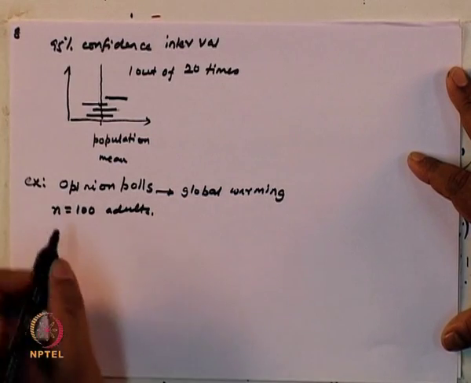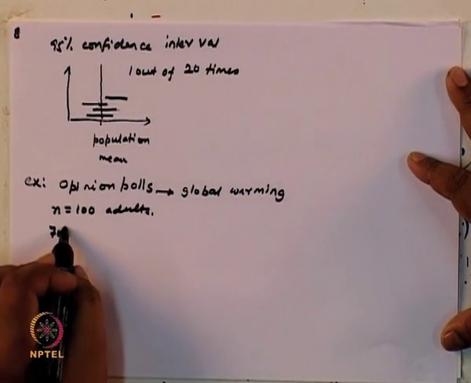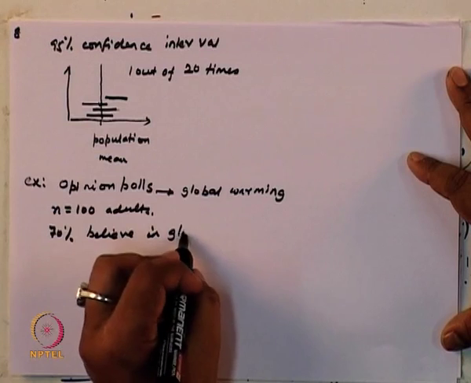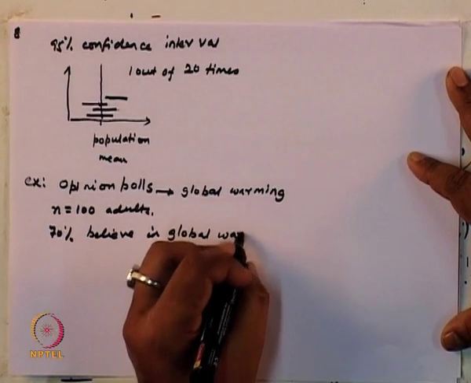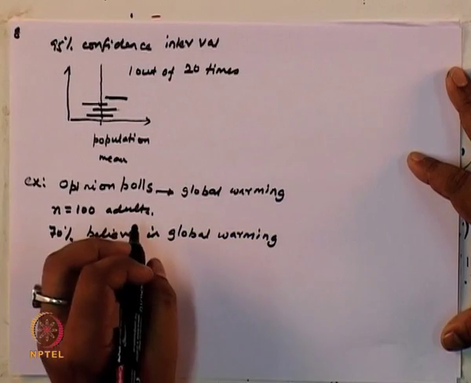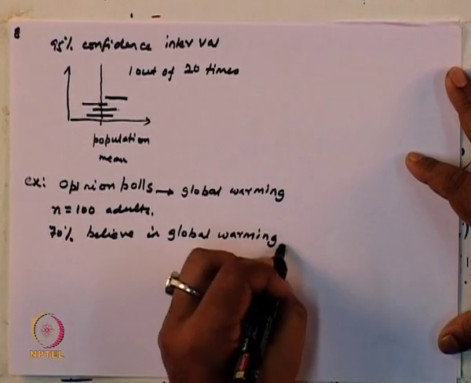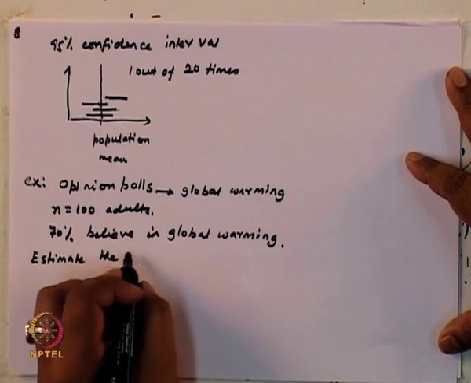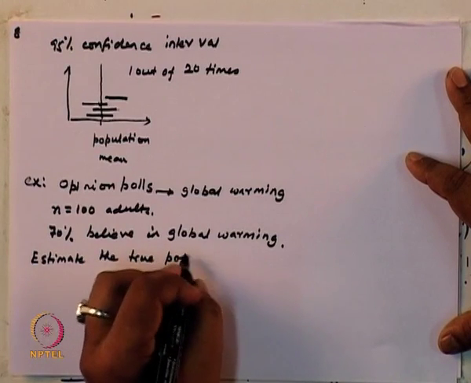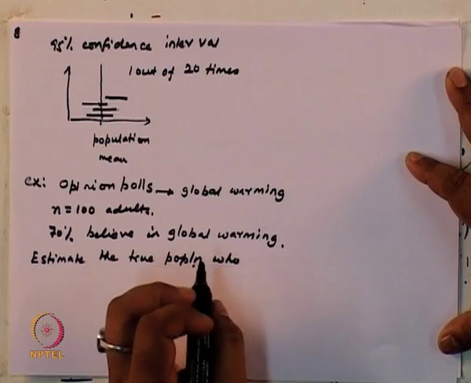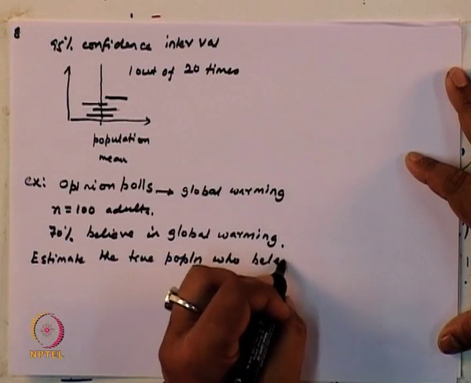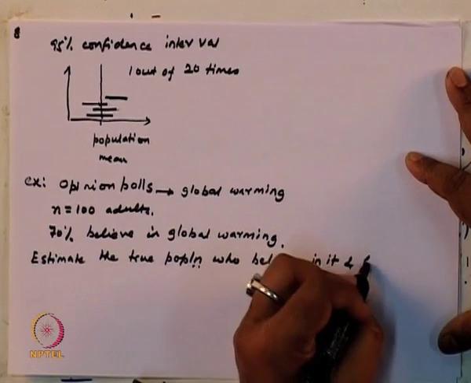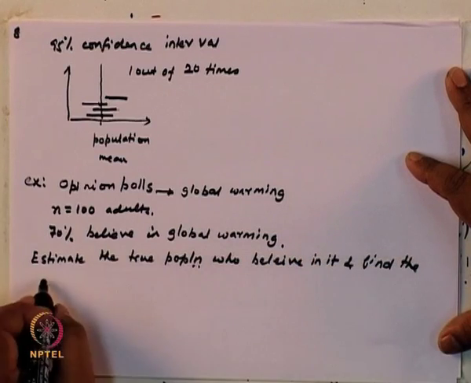Of 100 adults, 70% believe in global warming. So, we want to estimate the true population who believe in it, and we want to find the margin of error.